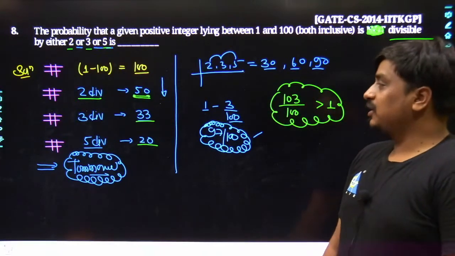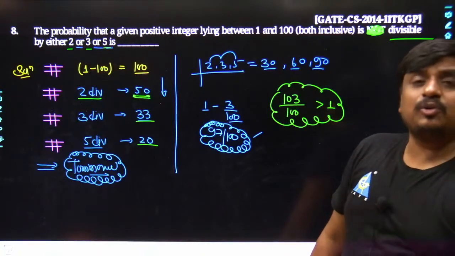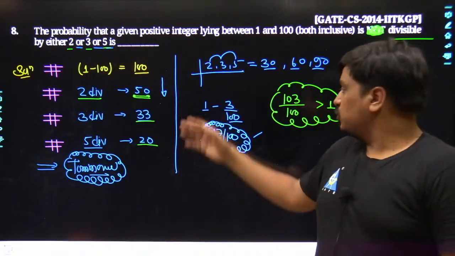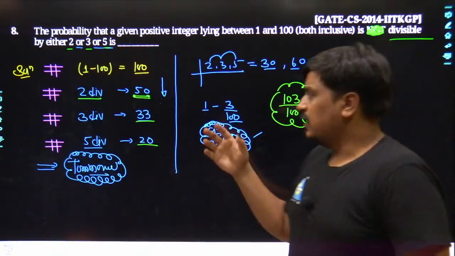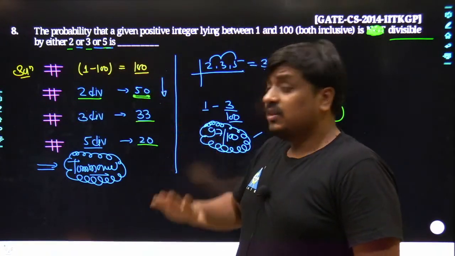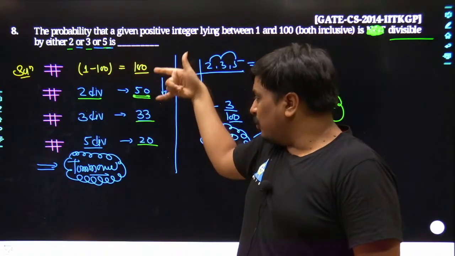Could you understand what I am saying? I would like to ask each one of you, would you really be able to smash this problem out or not? This would not be straight away. There would be a few numbers which would be common here as well as here. There would be a few numbers which would be common in all three.